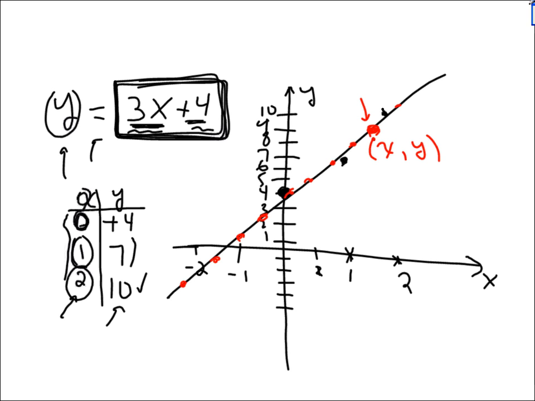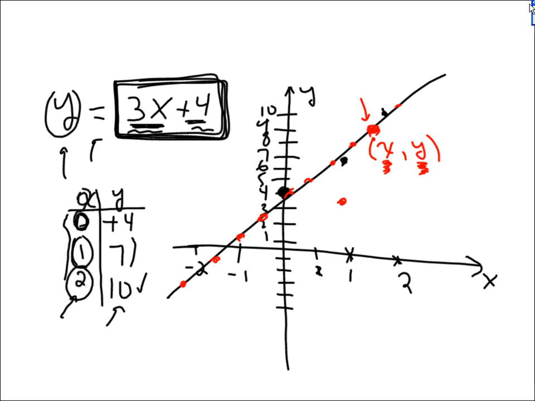How does that point come to be on the line? You won't believe it, but this y value is 3 times that x plus 4. The line is the set of xy points where the y is 4 more than 3x.